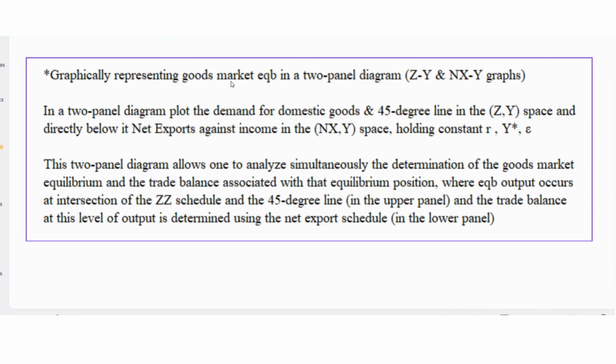This two-panel diagram, where in the upper panel you plot the ZZ line and the 45-degree line, and in the lower panel your net export schedule, allows us to analyze simultaneously the determinants of the goods market equilibrium and the trade balance associated with that equilibrium position. In the upper panel, equilibrium output occurs at the intersection of the ZZ schedule and the 45-degree line.